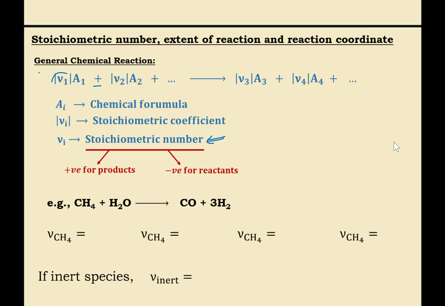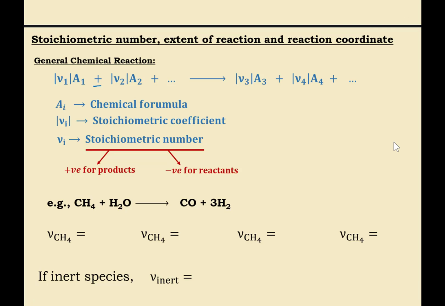When we write it in here as a coefficient, we take the absolute value. Why? Because in the reaction, when we write it, we don't write negative and positive, right? We just take the positive number as is. So that's why we call it the stoichiometric coefficient, which is the absolute value of the stoichiometric number. And all these A's obviously are different species. So A1, A2, A3, just different species that are present in my reaction.